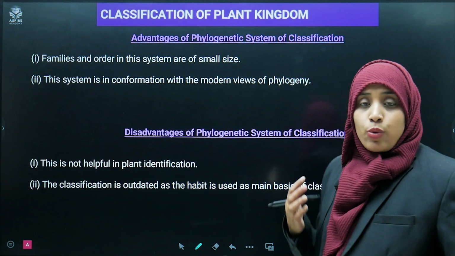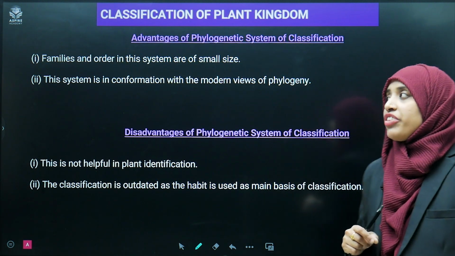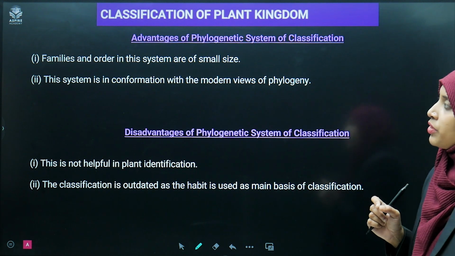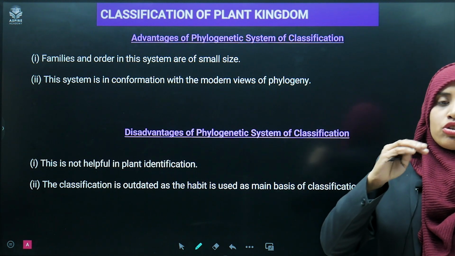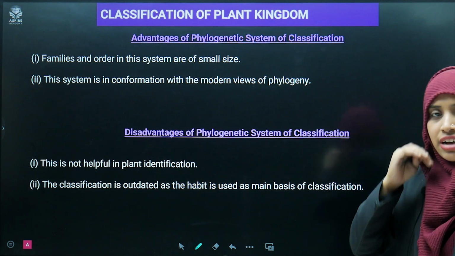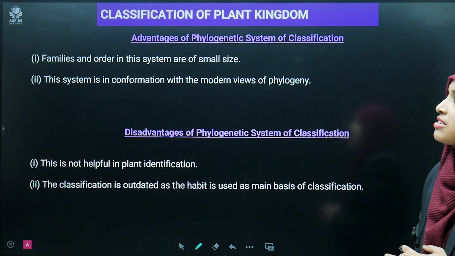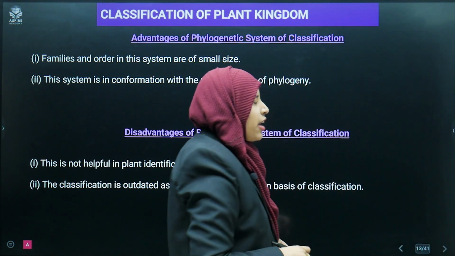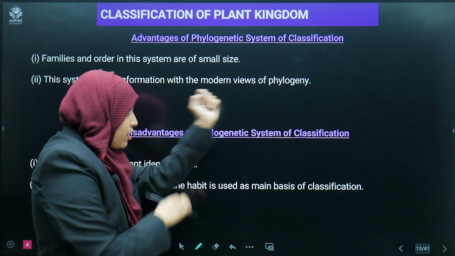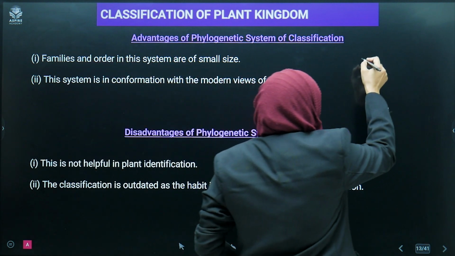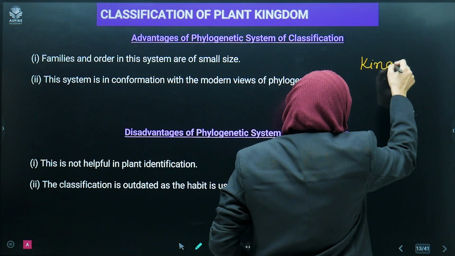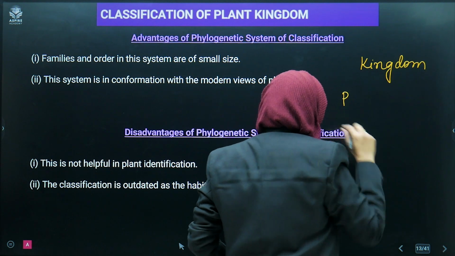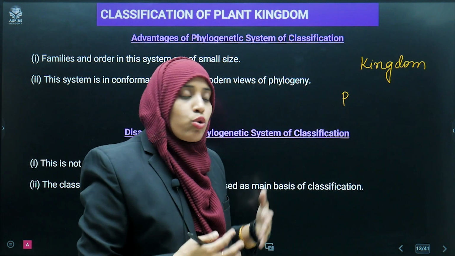Now what are the advantages of this phylogenetic classification? Families and orders in the system are small in size. Okay, so firstly we know जो hierarchy level होता है different taxa of the whole classification system, पहला होता है kingdom. Then either अगर animals हो so that is phylum, plants हो तो divisions.